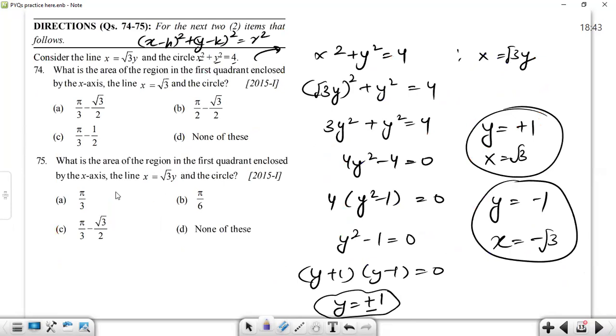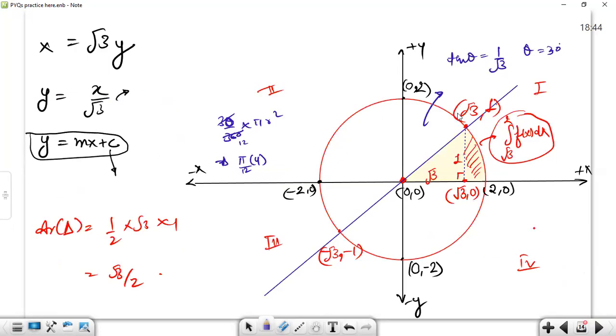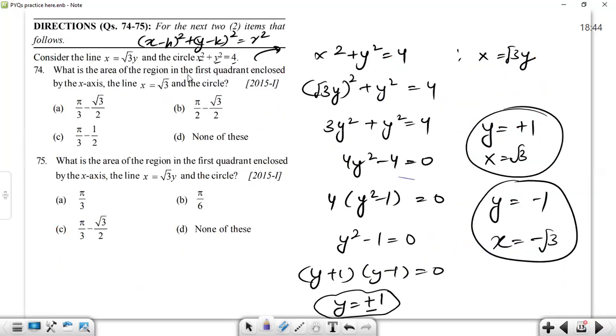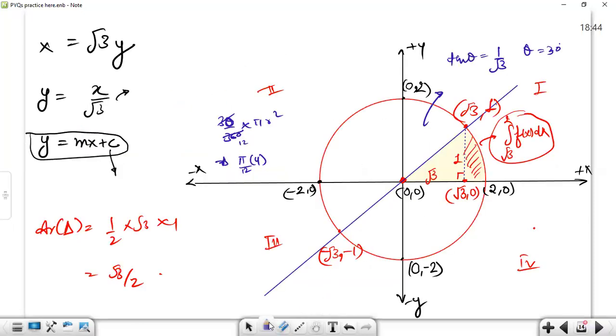What is the area of the region in the first quadrant enclosed by this line and the circle? Okay, so this is x equals root 3. I guess this is a misprint or something. In the first question, it is asked for the area of the circle region of this much only. We have found out this already as root 3 by 2.